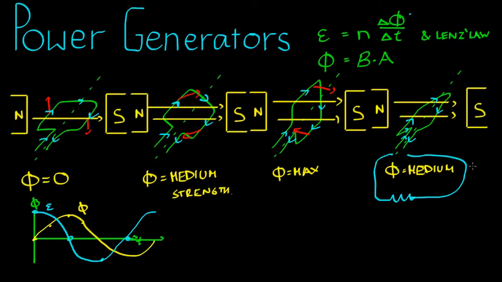If the current is always flowing out of this circuit one way, a split ring commutator will have a current through this resistor looking like this, kind of like a full wave rectified AC, and a slip ring commutator will have a current through this resistor looking like this. So we'd get both positive and negative direction of current.